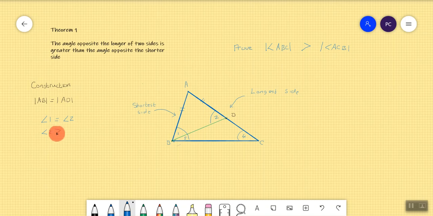So this is greater than angle 4. Okay, so exterior angles, which this is an exterior angle, are greater than interior angles.